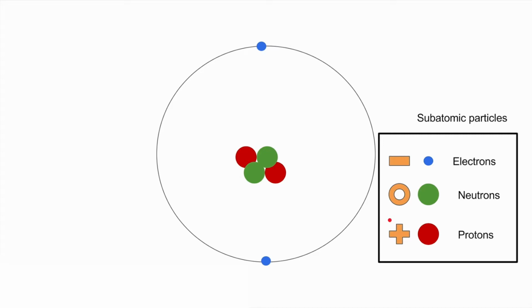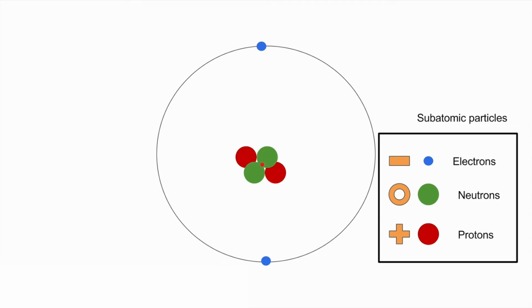Now, knowing the charges of these subatomic particles, we can determine that the atom in my diagram is neutral. How? Well, we count 2 protons, 2 electrons, and 2 neutrons. Well, the neutrons have neutral charges, so they don't really affect anything.